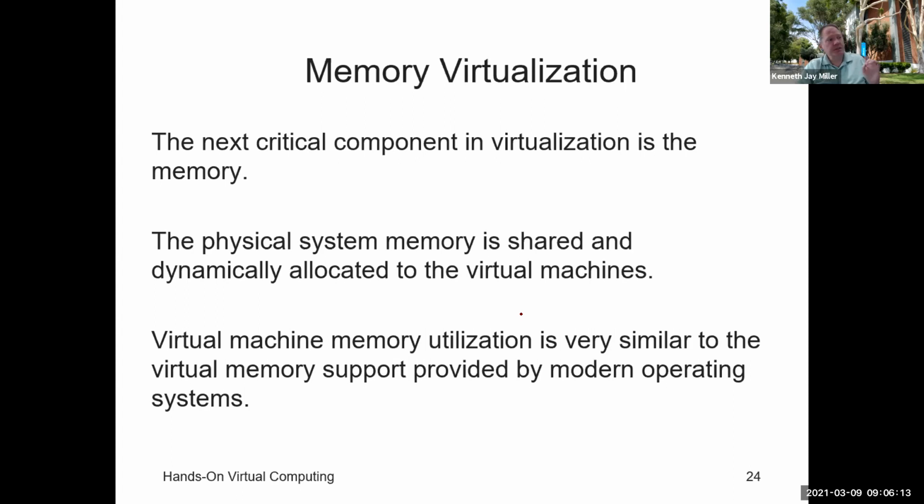So once the CPU is virtualized, the memory came next. Now the physical system memory is shared and dynamically allocated to the virtual machines. They're going to utilize this memory very similar to the virtual memory support provided by modern operating systems.